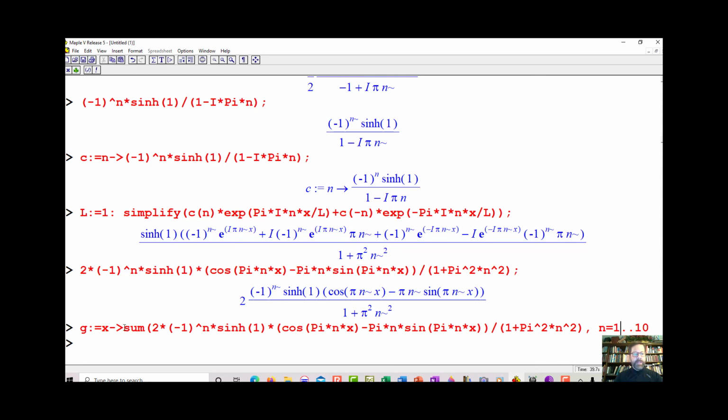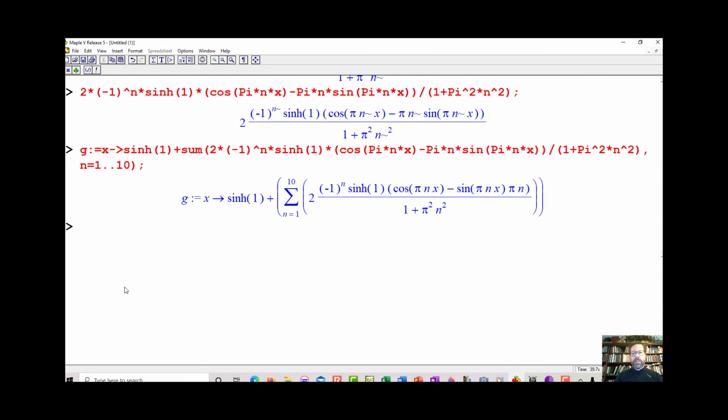There's another term when n equals 0, but remember that was sinh of 1 divided by 1. So there's our function. Let's plot the thing up against the exponential function.